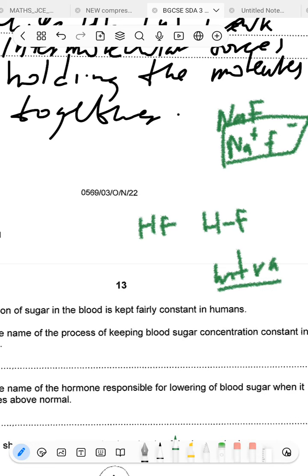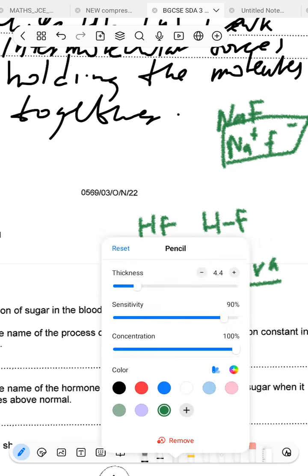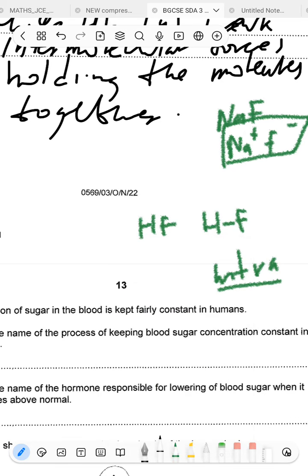These are not the ones that are broken when we are dealing with the melting and boiling points of things. The ones that are broken are the ones that exist from one molecule to the next molecule. Between two HF molecules exist weaker intermolecular forces.